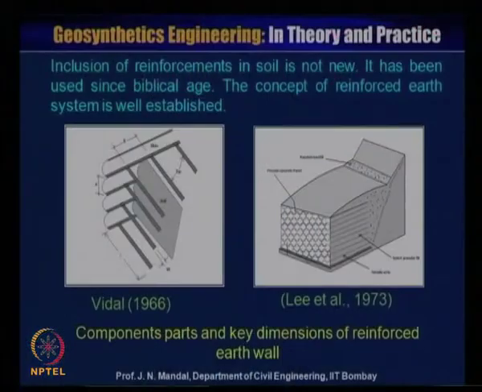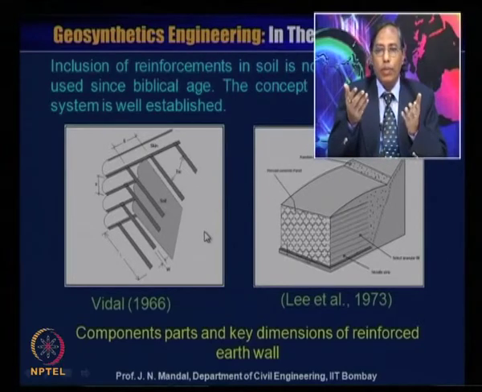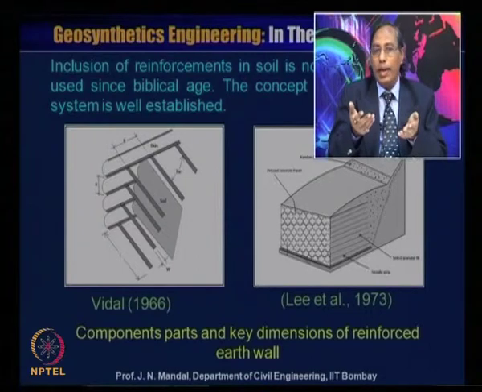Now here the inclusion of reinforcement in soil is not new. It has been used in biblical times. The concept of the reinforced system is well established, and these are some of the component parts and key dimensions of the reinforced earth wall, by Vidal, 1966, who used metal as a reinforcing material.